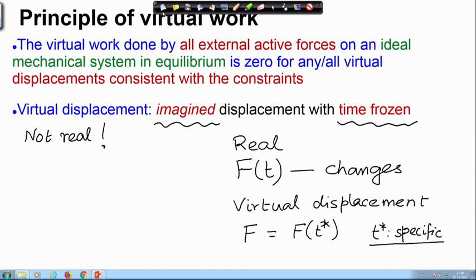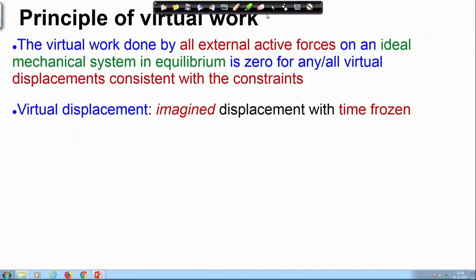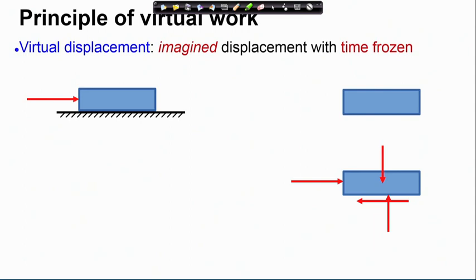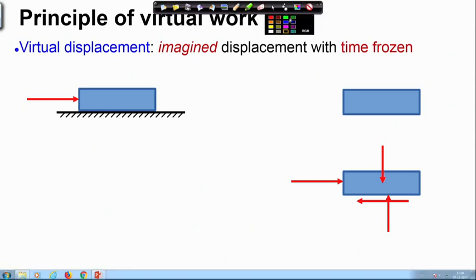Now, I will explain this concept a little further with this example. What I mean by virtual displacement, what I mean by time frozen, what I mean by force being frozen. So, here I take an example of a block of a certain weight on a rough surface with mu s as the coefficient of static friction and mu k as the coefficient of kinetic friction.